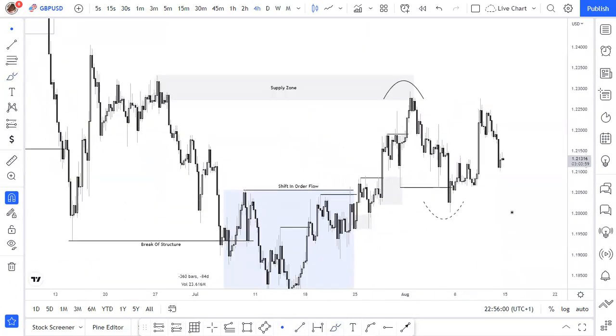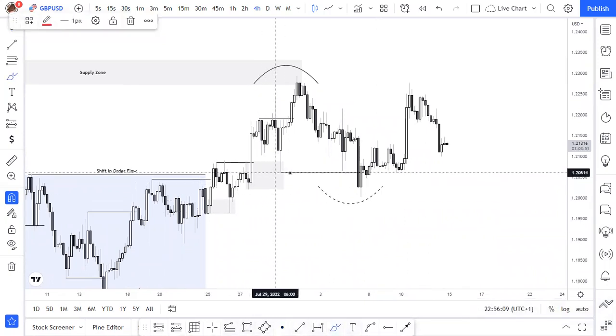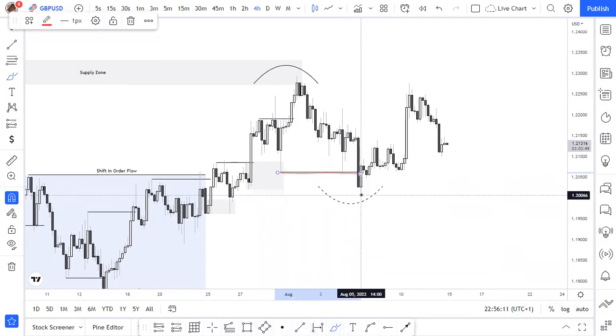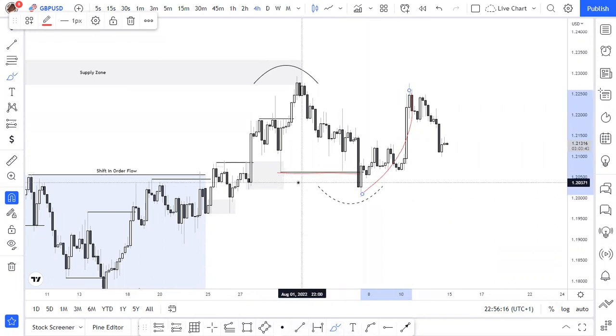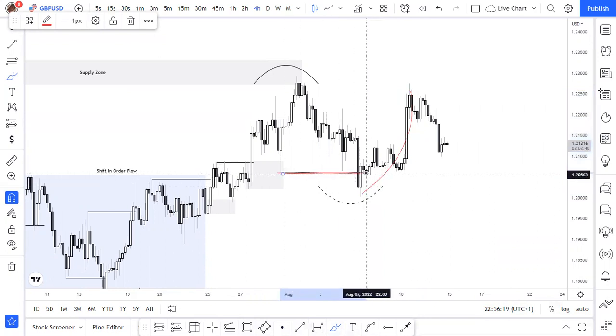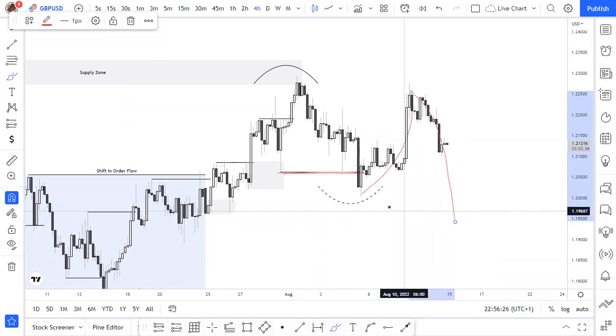compound USD. So we have that break of structure here. We have that break of structure here and price now pulling back. We haven't really confirmed that the structure has truly changed. We have a break of structure, yes, but we don't have that confirmation that the structure of the market now is bearish.